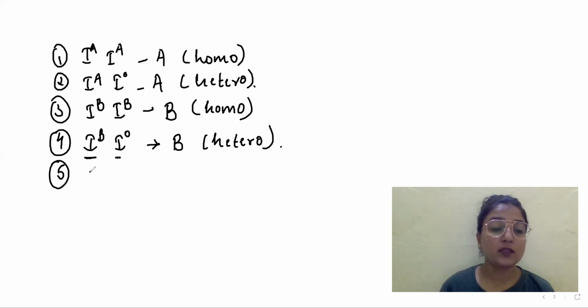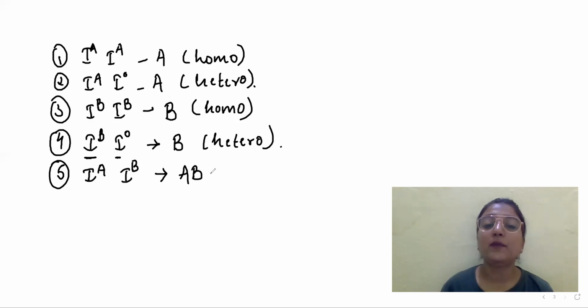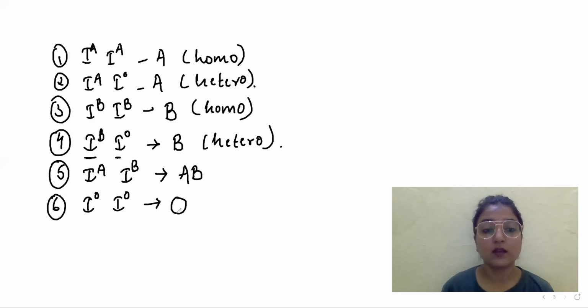Now the fifth one can be IA IB. Both the dominant alleles are present here, which gives the AB blood group, right? And the sixth one is IO IO, which gives the person's blood group as O, right?